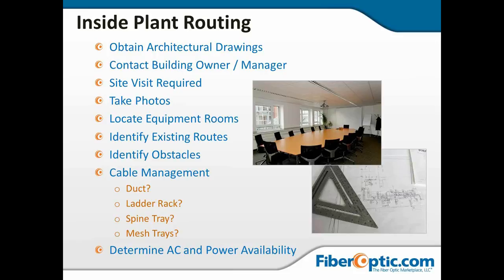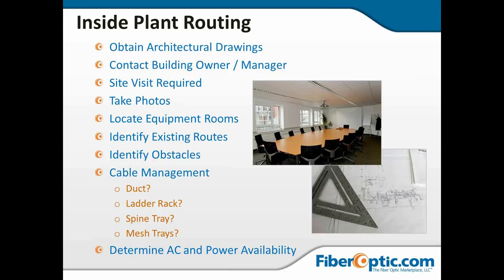And the more pictures you have, the better you're going to be able to design later, because unless you've got an idyllic memory, you're going to want to have those images saved on the computer somewhere. You're going to want to locate all of your equipment rooms.